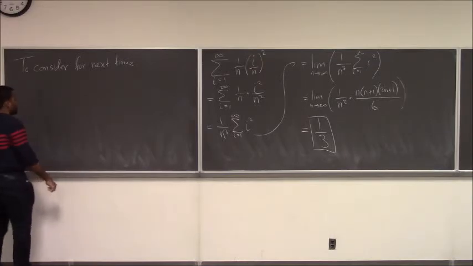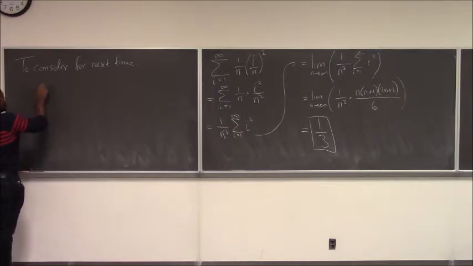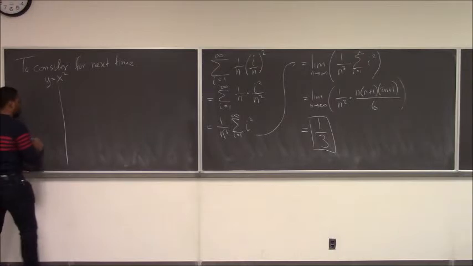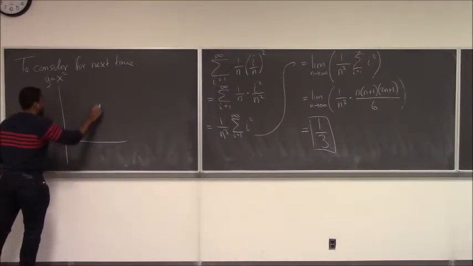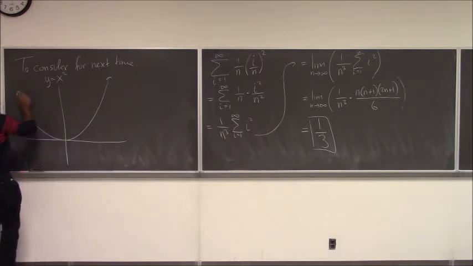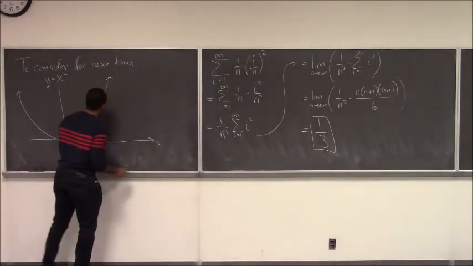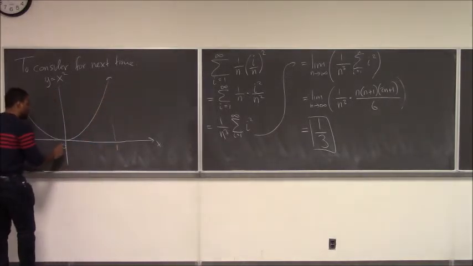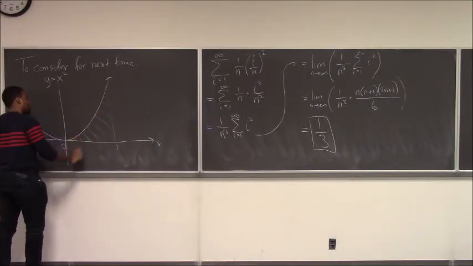It's called taking Riemann sums to find the area under the curve. Suppose we have a curve x squared, and I wanted to guess what is the area under this curve between, say, 0 and 1. So I want to approximate this area here.